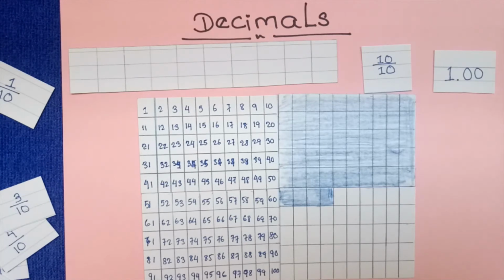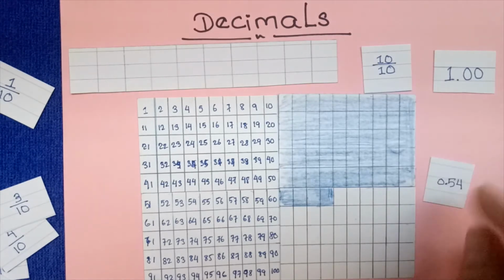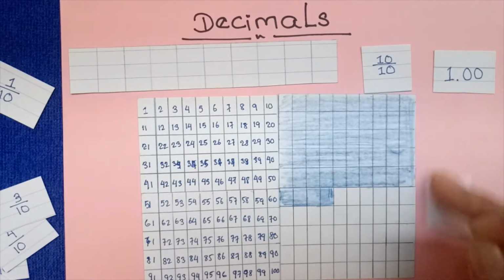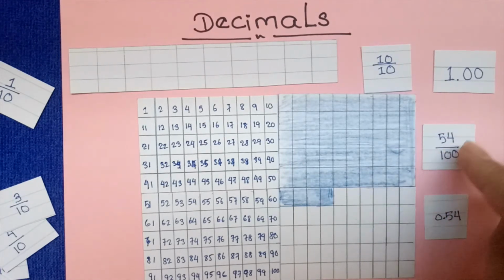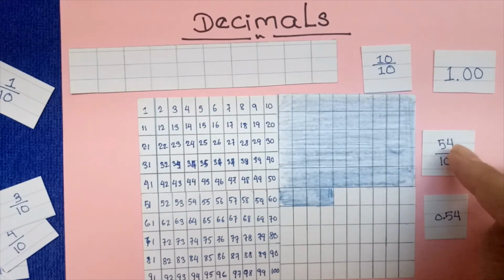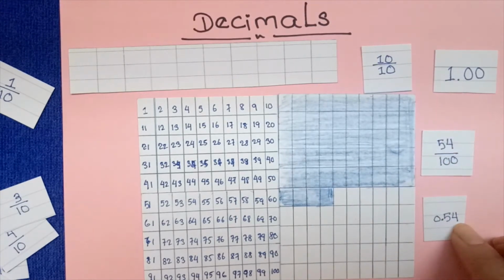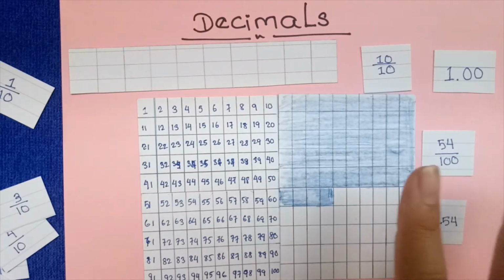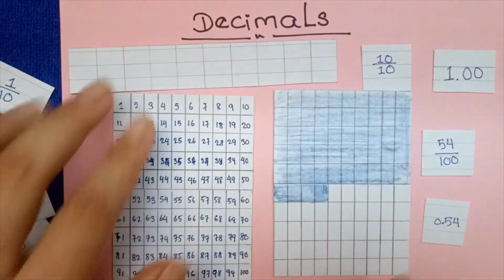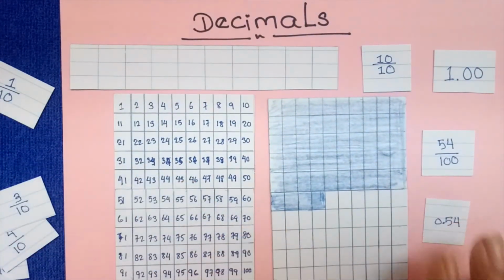You can write it in decimal as 0.54, or in fraction you can say 54 by 100. It is the hundredths place because there are 2 decimal places. This is only an introduction for you. Okay, so you understand, right?